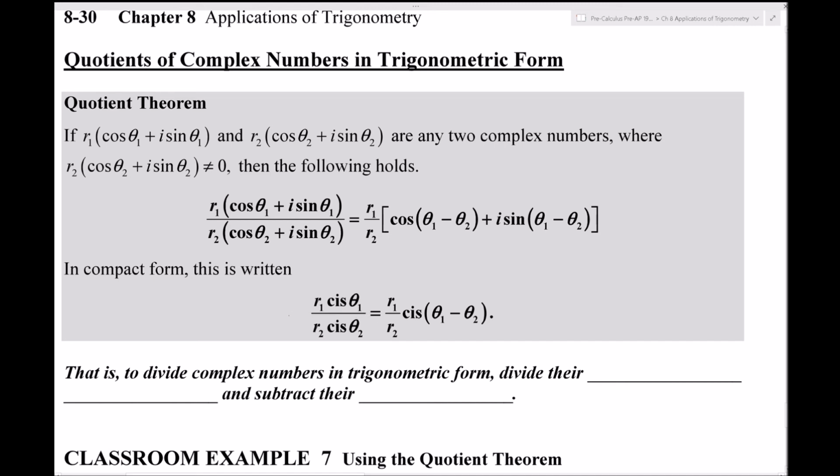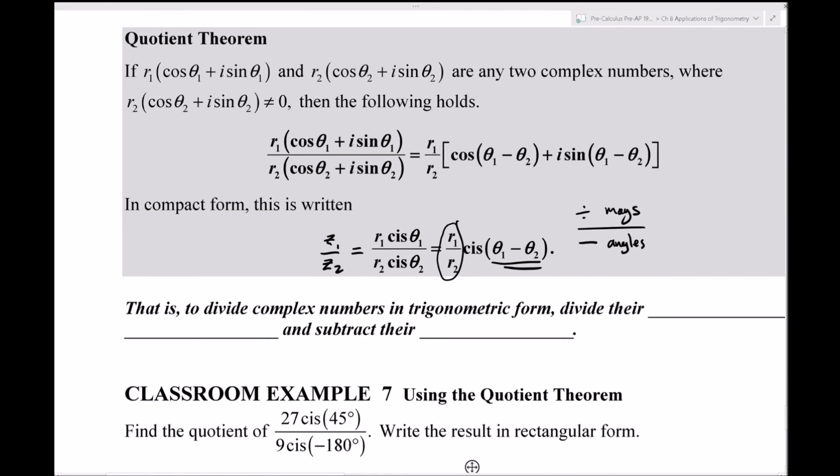So that's z1 over z2. You literally divide the magnitudes and then you subtract the angles. So you divide magnitudes and then you subtract angles. Those are the instructions for dividing.